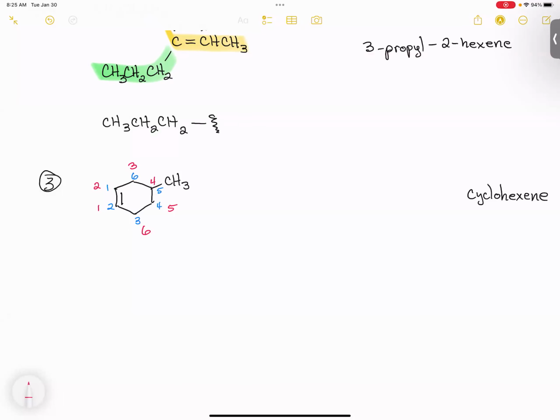Should I number it using the blue numbers? Or should I number it using the red numbers? Red. Why? Because not only have I got the double bond between 1 and 2, like I'm supposed to do, but now my substituent's the lowest number too.